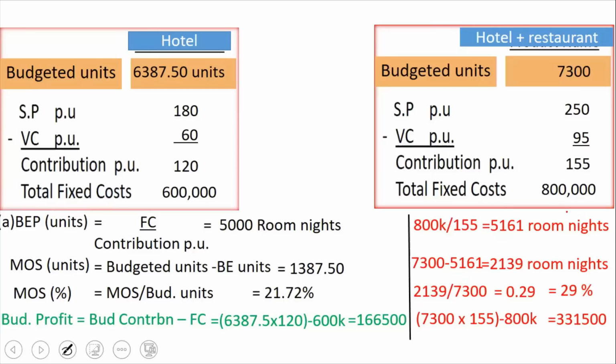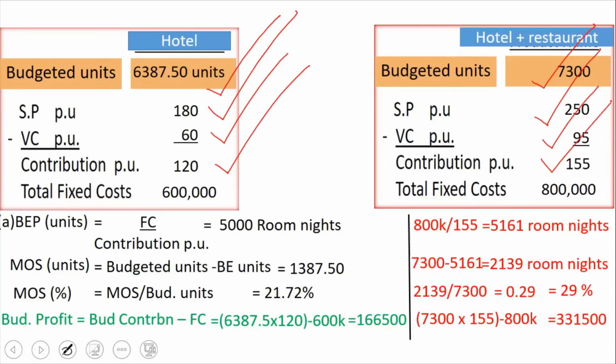Now we have quantified the entire data. Now all that you have to do is you have to write your analysis in words. So you have to write the budgeted units has increased from 6,387.5 to 7,300 units. The selling price has increased from $180 to $250. Variable cost per unit has increased from $60 to $95. The contribution per unit has increased from $120 to $155 per unit. The total fixed cost has increased from 600,000 to 800,000.